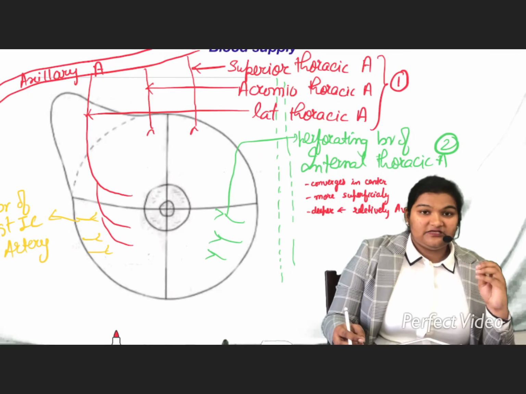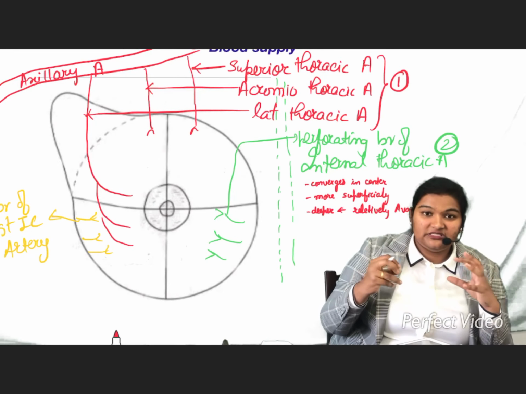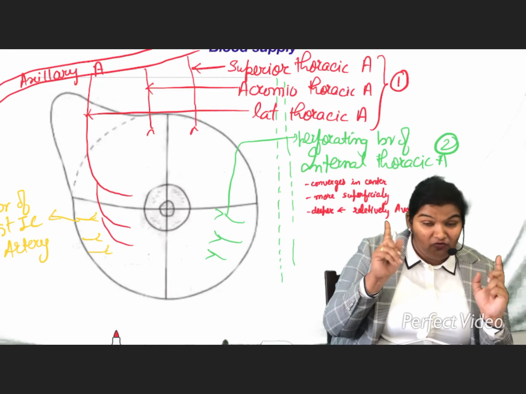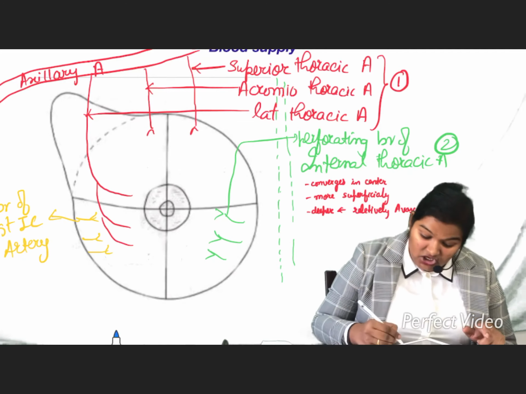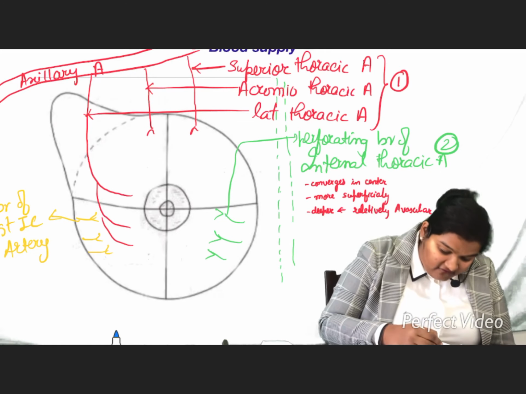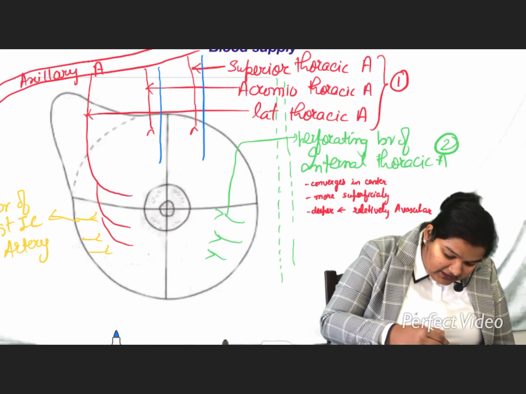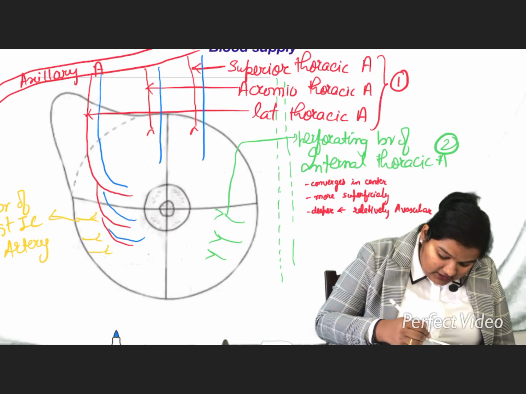Okay, so venous supply is very easy. The veins accompany the artery and meet in the center, or form a structure in the center. Okay, we'll draw and then I will tell what is the structure which is formed in the center. So here in blue I have these veins, accompanying the arteries, right?